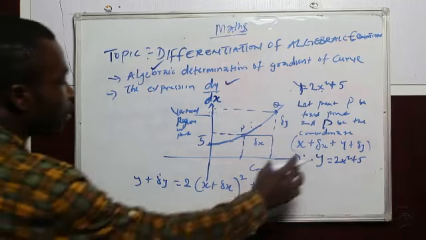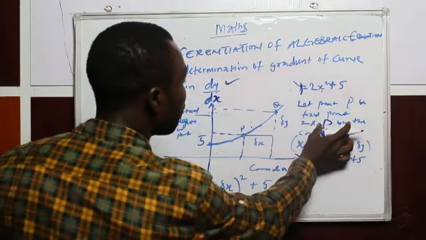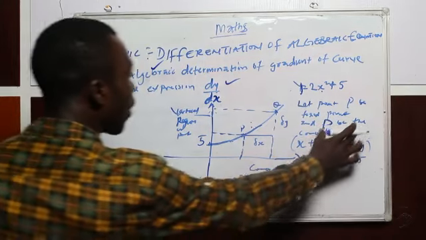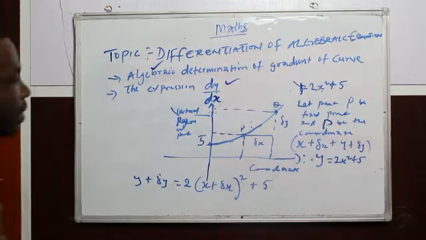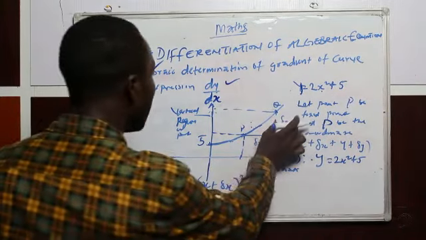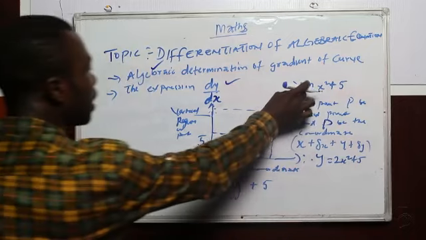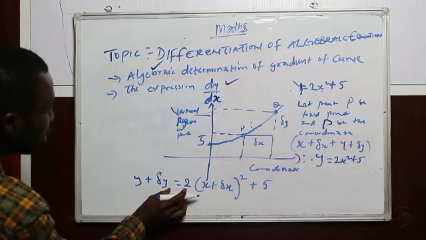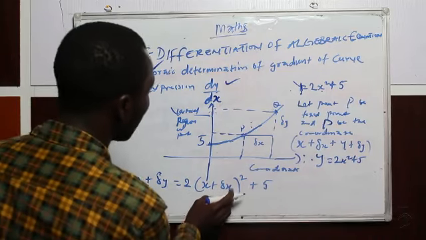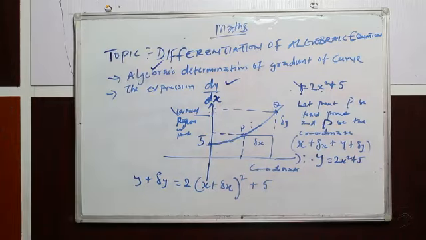Why do we put x plus sigma x? Because we have represented that P is the coordinate and our coordinate is the x value. We represent it as sigma x. Our y is the y coordinate. We represent it with y. So y plus sigma y is equal to 2 bracket x plus sigma x all square plus 5.